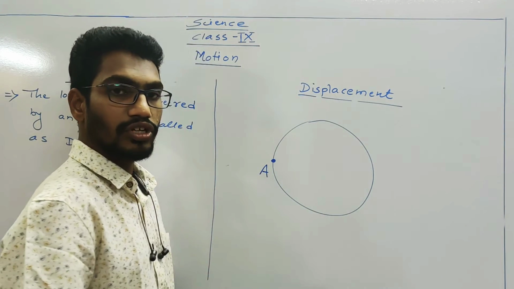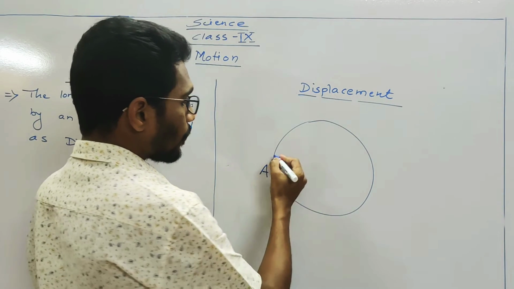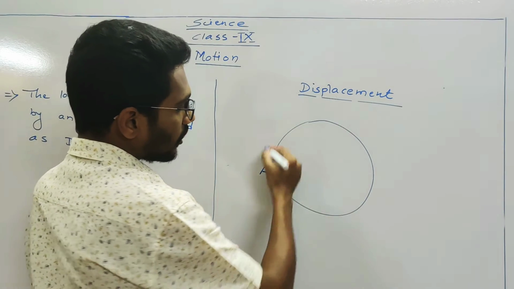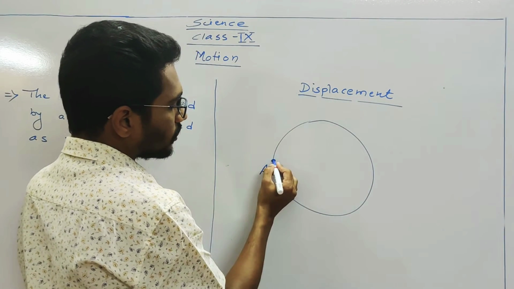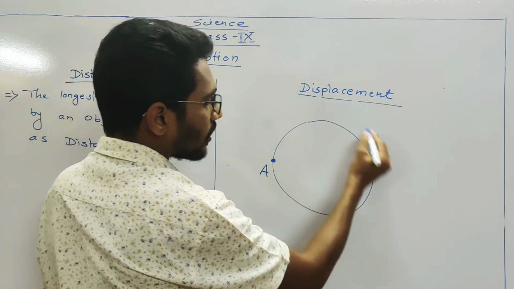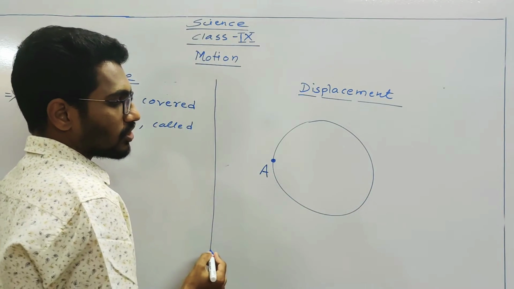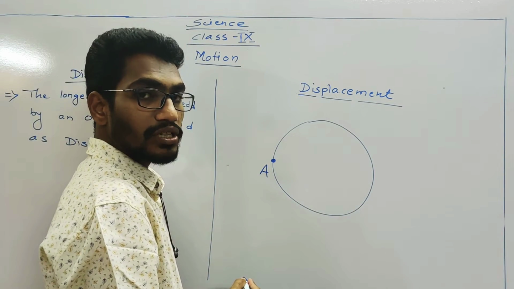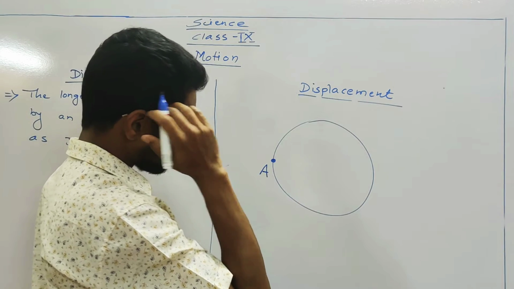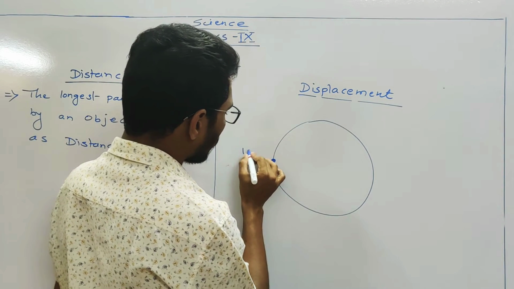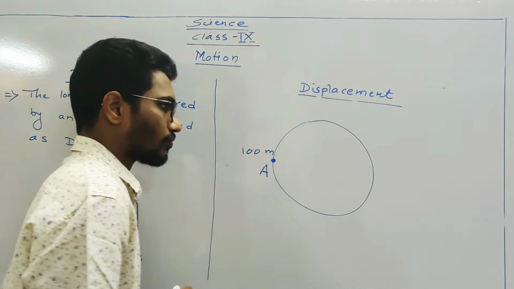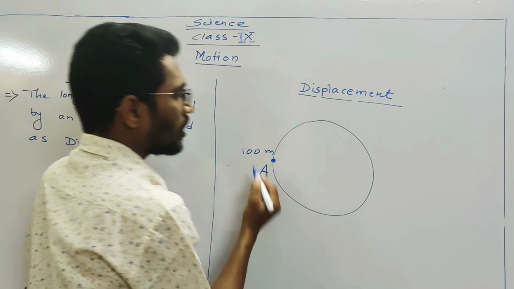Athlete A starts running from point A and covers a complete round. This round, for example, is 100 meters. The complete round is 100 meters.